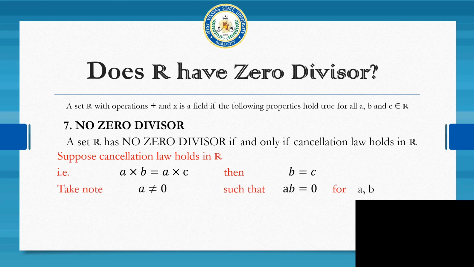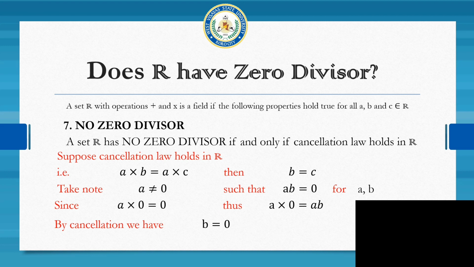Take note that A should not be equal to 0, such that A times B is equal to 0 for all elements A and B of the set of real numbers. Since A times 0 is equal to 0, thus A times 0 is also equal to A times B. By cancellation law, we cancel A, therefore B is equal to 0.